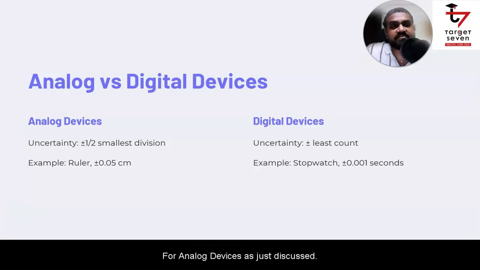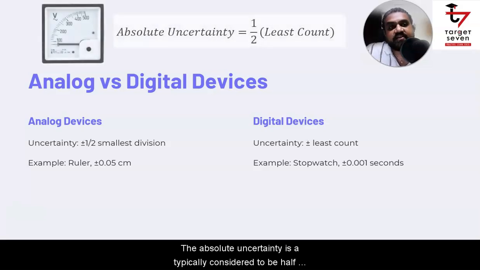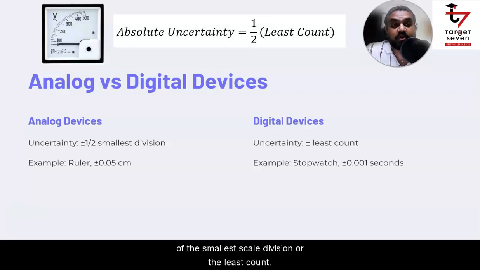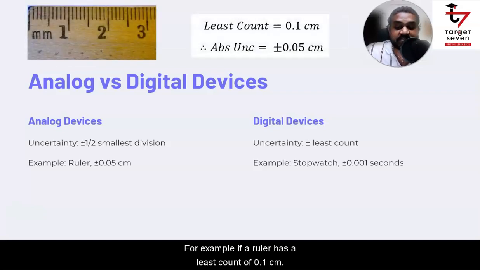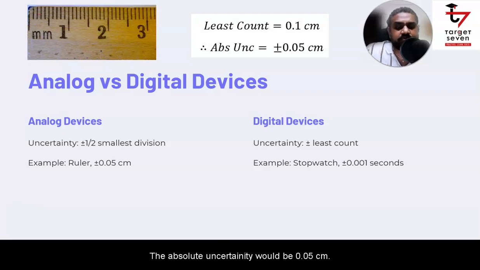For analog devices, as just discussed, the absolute uncertainty is typically considered to be half of the smallest scale division or the least count. For example, if a ruler has a least count of 0.1 centimeters, the absolute uncertainty would be 0.05 centimeters.